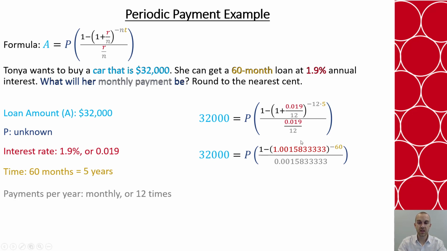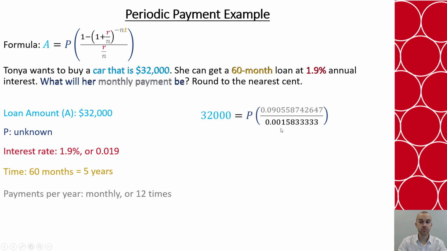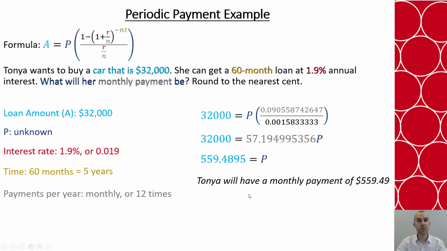So next, I would now raise my value to the -60th, subtract that from 1, and now I can divide my numerator by my denominator. Now I have this number 57.19, and keep going on with all your decimals, times P. I can divide both sides by this value and then realize that that's the monthly payment. And monthly payment goes to the cent, which is the hundredths place. So Tanya will have a monthly payment of $559.49.